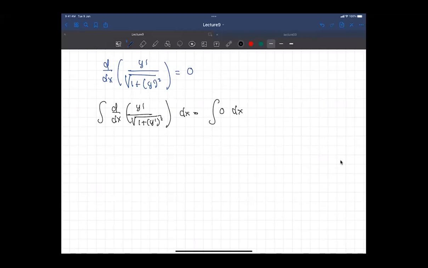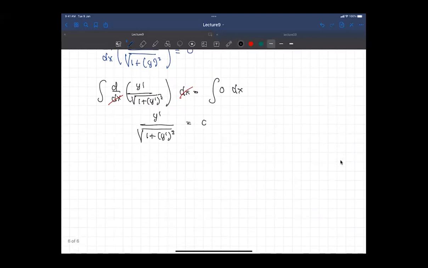So we cancel this out. The integral of d dy prime is y prime itself, right? So you can have y prime over square root of 1 plus y prime squared equals to what? Integral of 0 dx. Agree with me here? Okay.